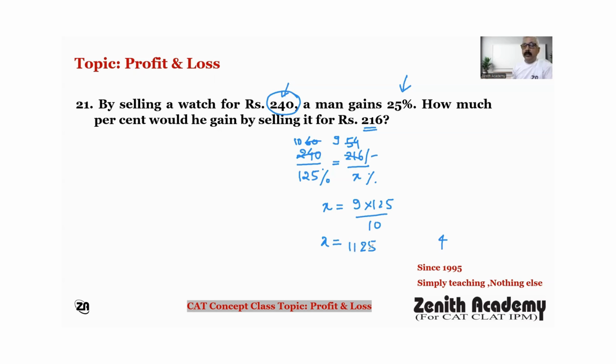Okay, and here it is 10. So this is 112.5%. So 216 is 112.5%, it is more than 100%. So there is a gain of 12.5%.